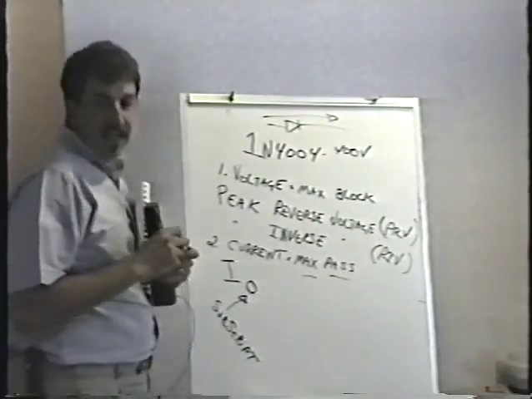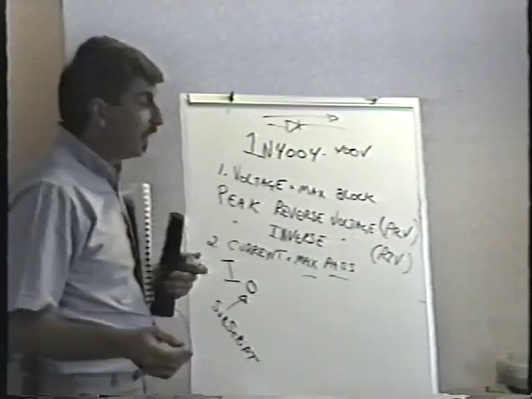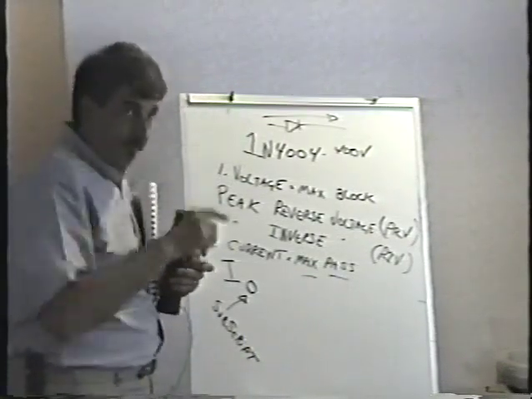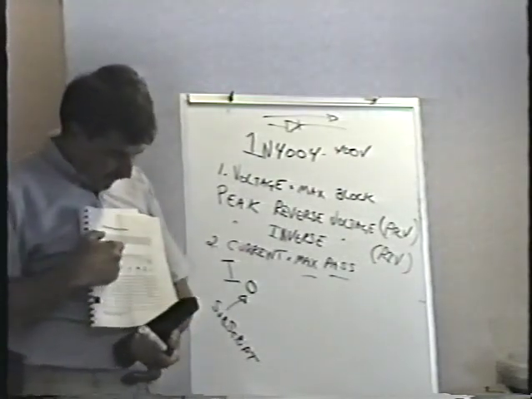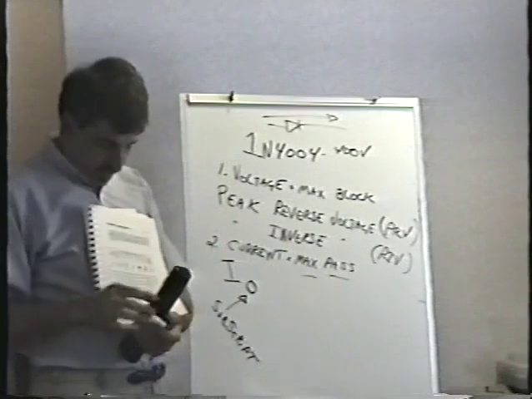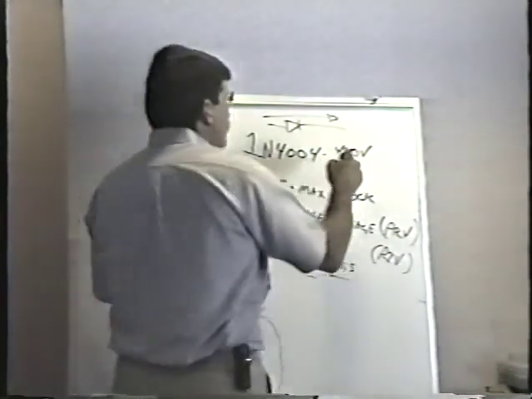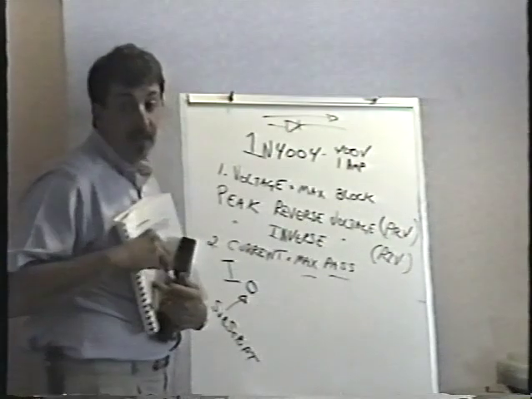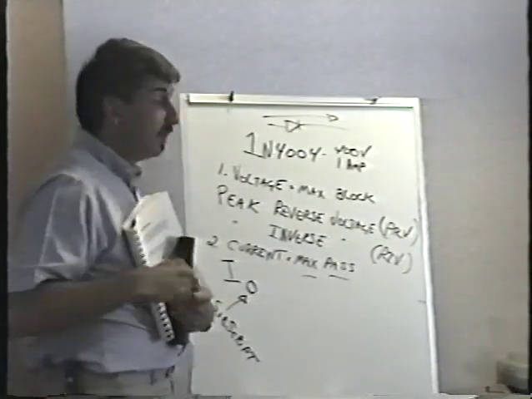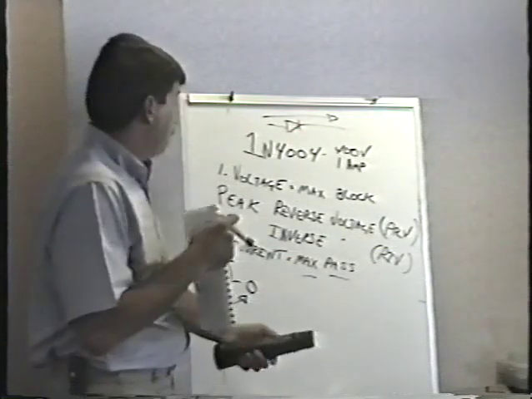Meaning that I can use this in any circuit up to 400 volts. What's the current rating? Look at the top of the page. You see where it says I sub O, average rectified forward current in amperes. What's the current rating? 1 amp. So this is a 400 volt, 1 amp diode, meaning it can be used in any circuit up to 400 volts, any circuit up to 1 amp.